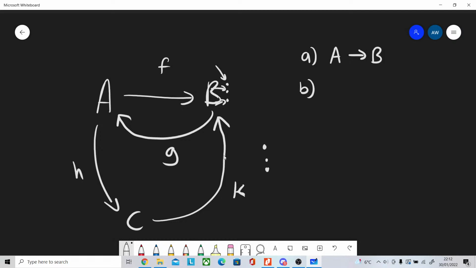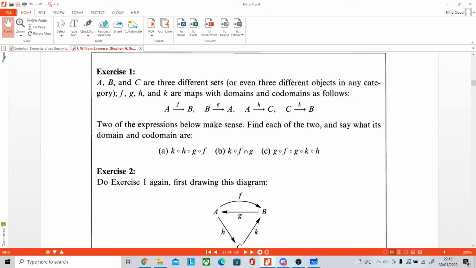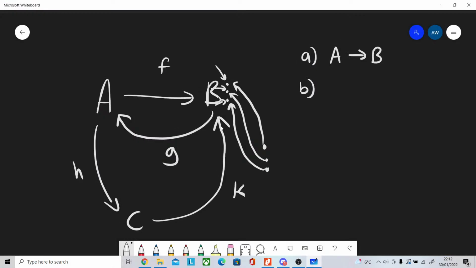This is C, and then it points to B. There's no way to continue the path. We went from G to F, G to F.